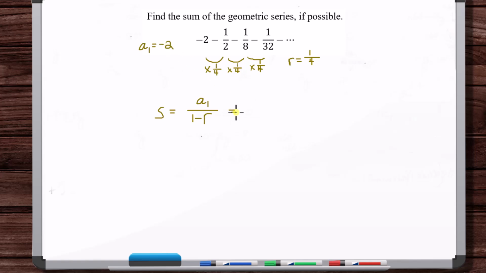Minus 2, over 1 minus 1/4. 1 minus 1/4 is 3/4.